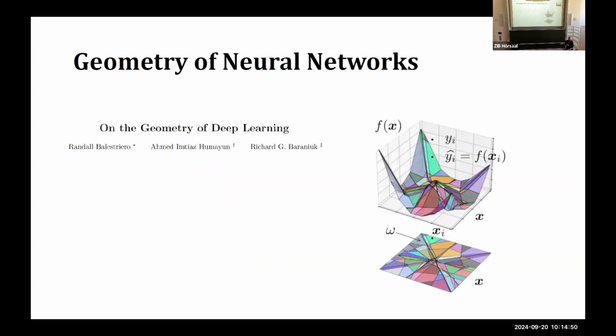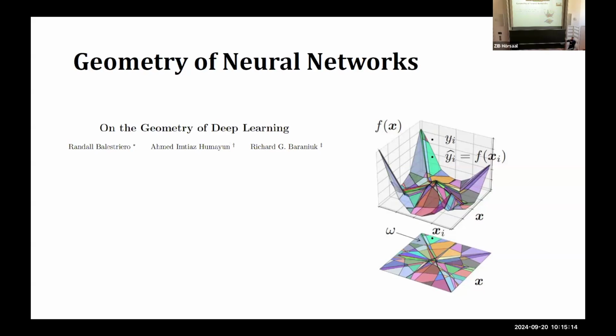If you want a nice introduction to this, you can check this paper, which is very nice. It's considering the geometry of deep learning. They have very nice pictures there, and that's exactly what I showed you, but in a 3D example. So the data space is clustered into these polyhedral areas.